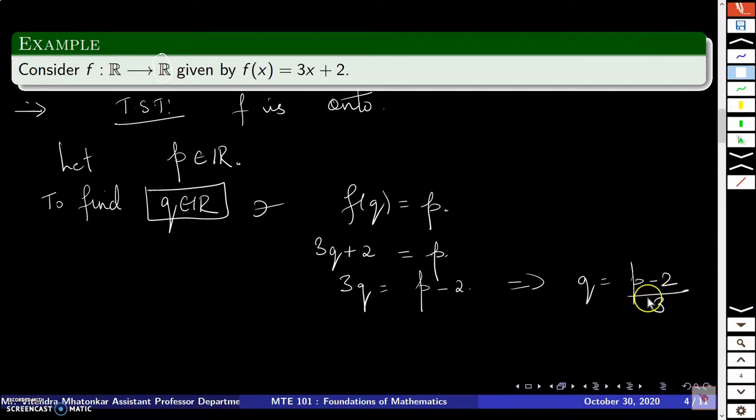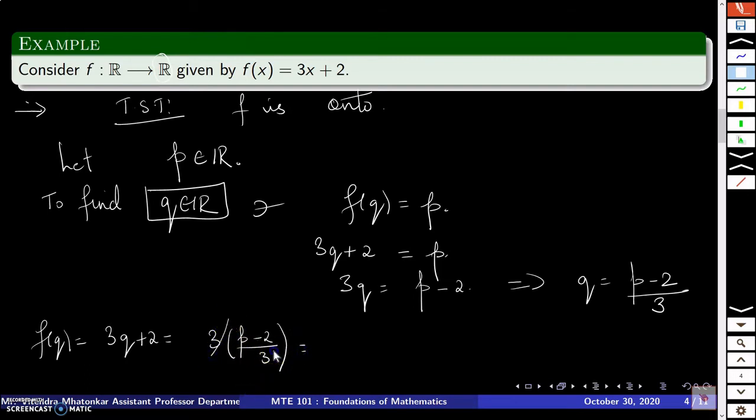Now let's check what is f of Q. f of Q is nothing but 3Q plus 2. But what is Q? That's (P minus 2) by 3.